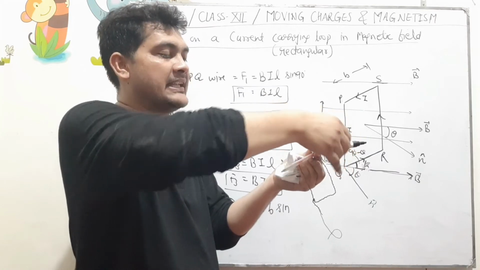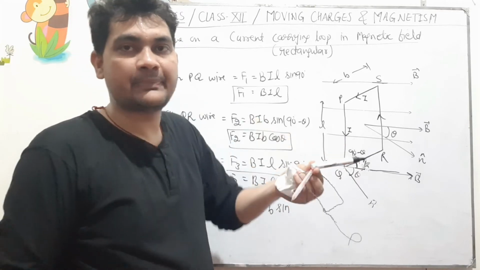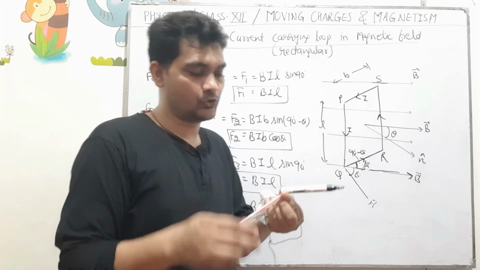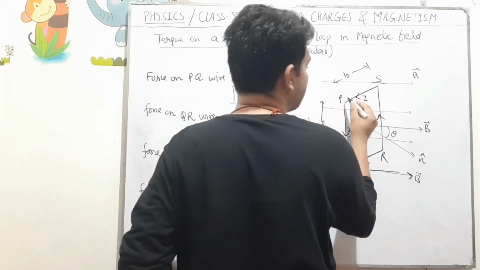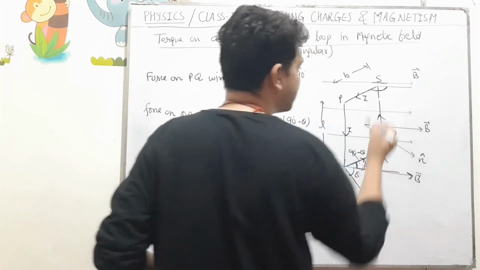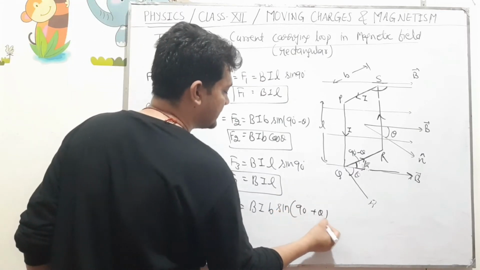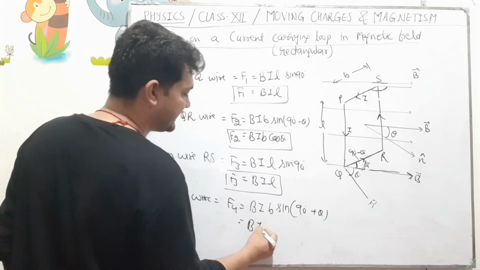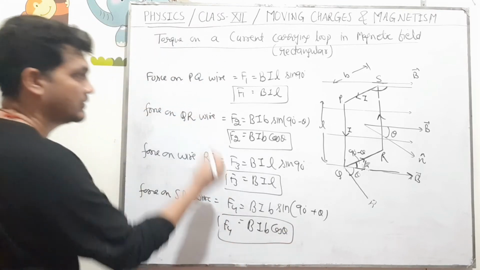What is the total angle between these two? You can see it is 90 plus something, so the angle between them is 90 plus theta, and sin(90 plus theta) is cos theta. So this is BIb cos theta. This is the force on wire SP.